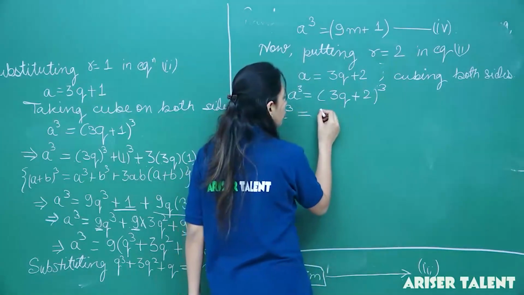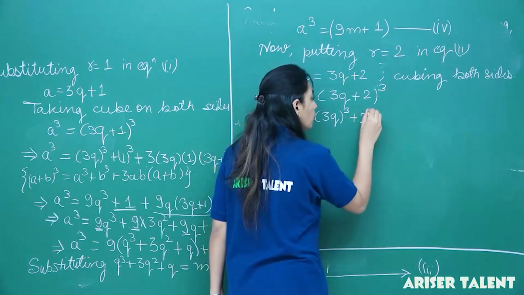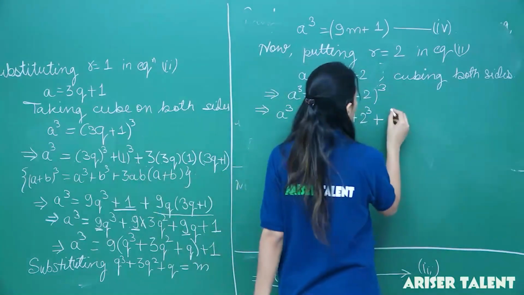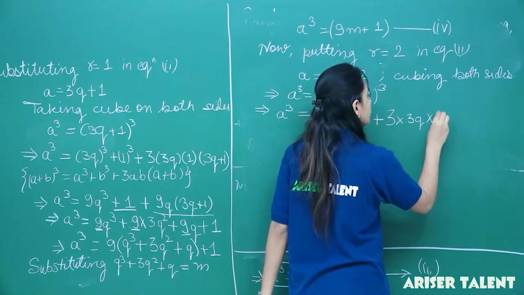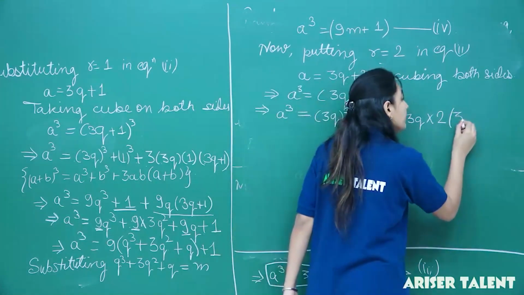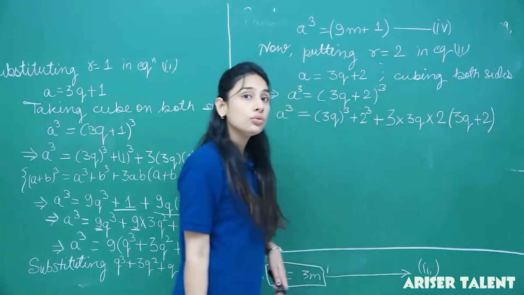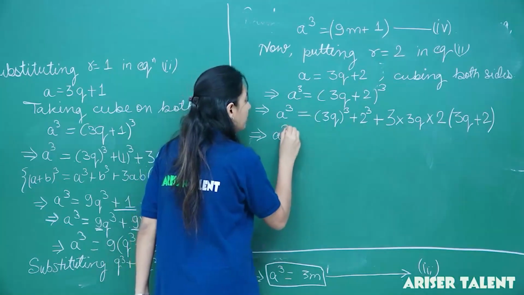So a cube is (3q) cube, b cube is 2 cube, plus 3ab, where a is 3q and b is 2, times (a + b).